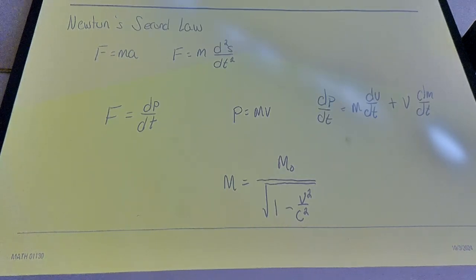You cannot assume constant mass. This is why you actually can't move at the speed of light. Any object with mass cannot move at the speed of light. Otherwise, it would have to gain infinite mass for E equals mc squared to balance.